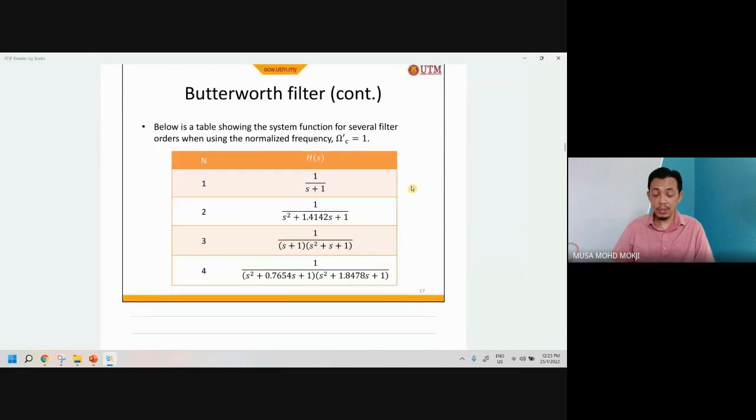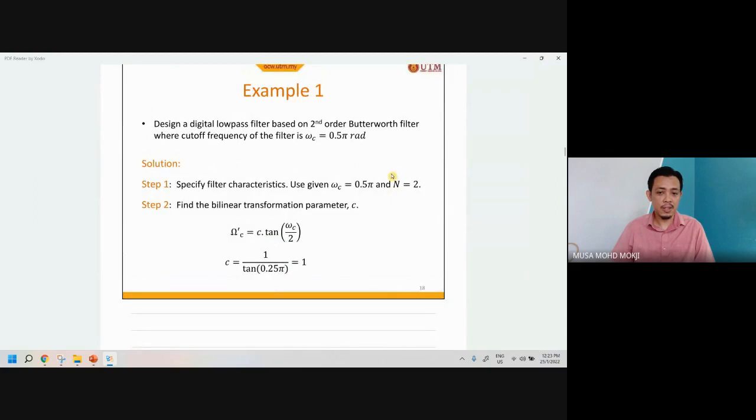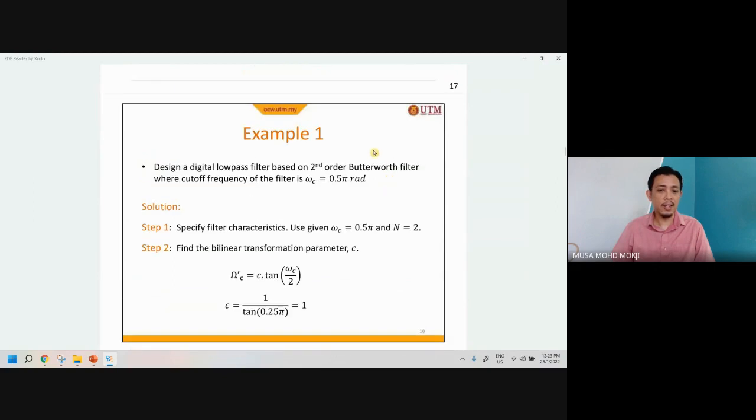If not, you can skip the details and just do the design. Most important, even if you do it in MATLAB, you just need to know the spec, plug in the values, and you will get your results.